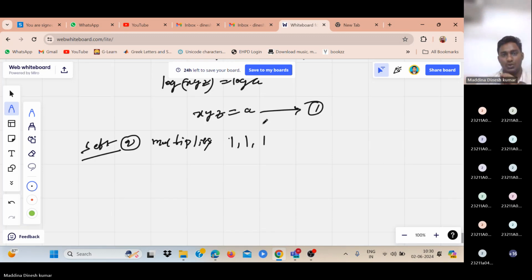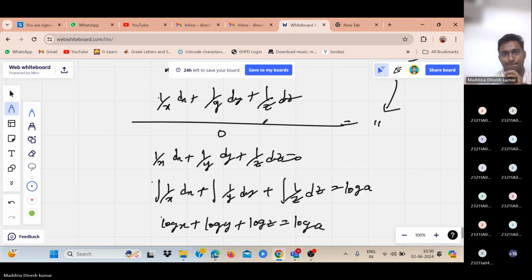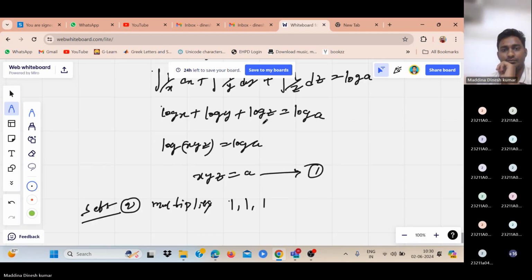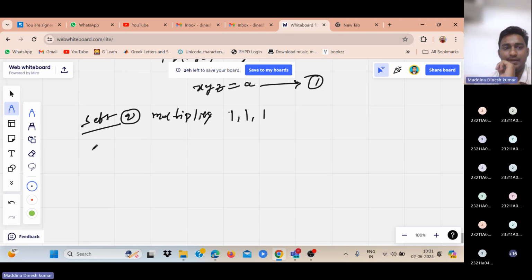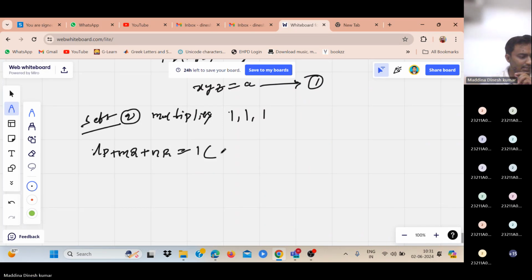Okay. So LP plus MQ plus NR equal to 0. Here L is 1, M is 1, N is 1.